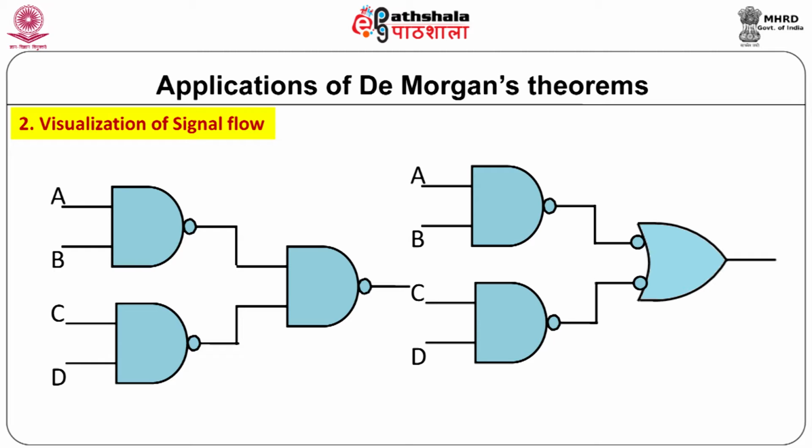In place of using the third NAND gate, we are replacing it by its De Morgan's equivalent. So, in place of NAND gate, we will draw a bubbled OR gate. So, thus it indicates the output Y of the bubbled OR gate is 1 if either A or B is 0 or D or C is 0.